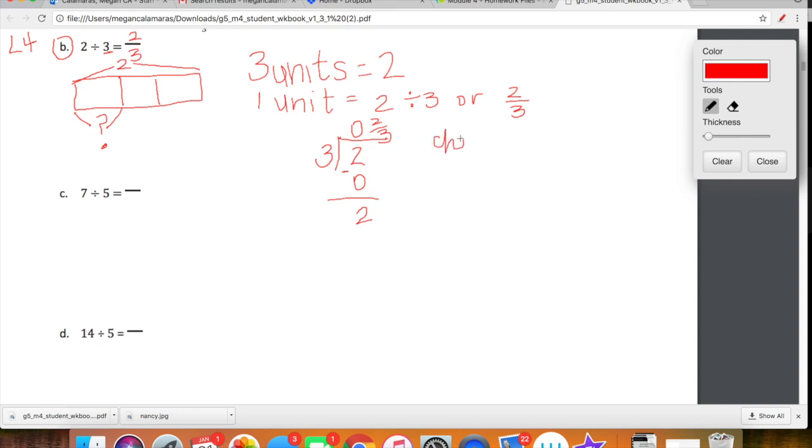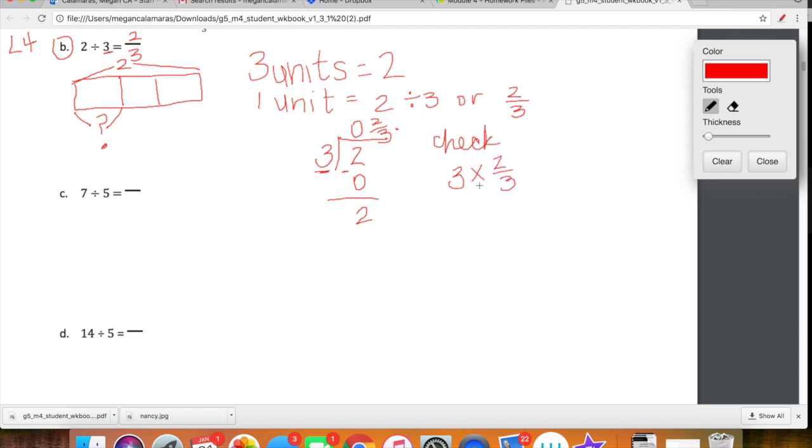Okay. Let's check. So according to our long division here, we are going to do 3 times our answer, 2/3. We're not multiplying fractions yet.